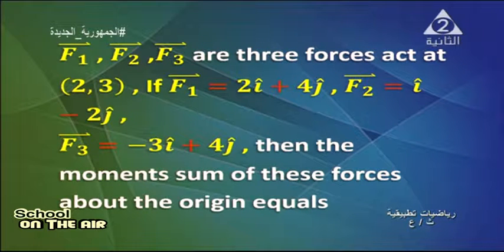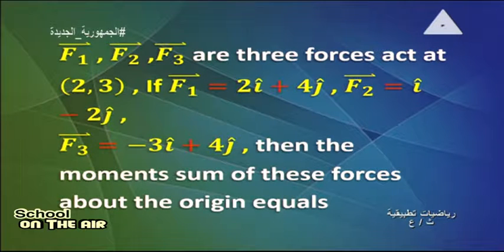F1, F2, F3 are 3 forces acting at the point (2, 3). Remember, my dear student, this example is important. We have 3 forces acting at the point (2, 3).